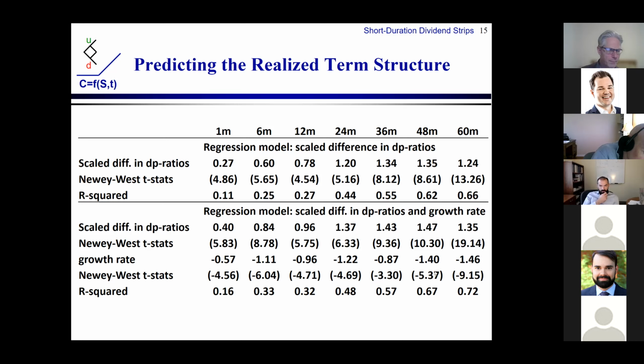We can soup up this regression a little bit by adding the dividend growth rate, this indicative dividend growth rate, and throwing that in as an additional factor. That ups the R square, here at the long end, by another 0.06. So it's not a game changer, but it's kind of nice that it works the way it's supposed to work according to our little model.